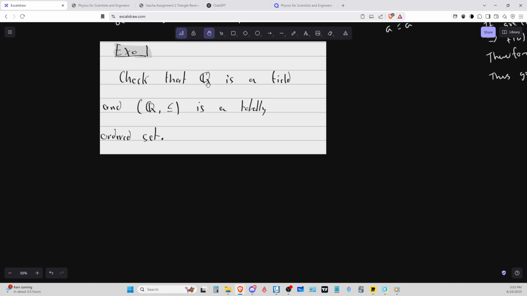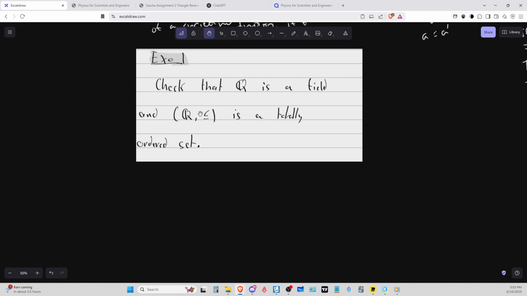Okay, check that Q is a field, and that Q with the less than or equal to relation is a totally ordered set. Dang, I forgot what this symbol is. I think it's supposed to be less than or equal to.